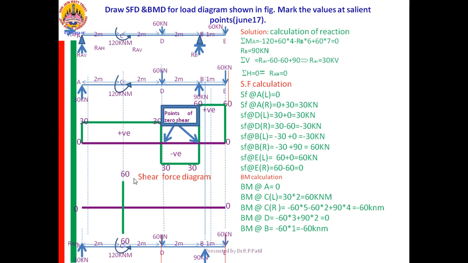From A you are coming to left of C. Left of C, how much is it? Plus 60. Therefore, you need to join from 0 to plus 60, not minus 60. Therefore, these 2 points are to be joined, 0 and 60.